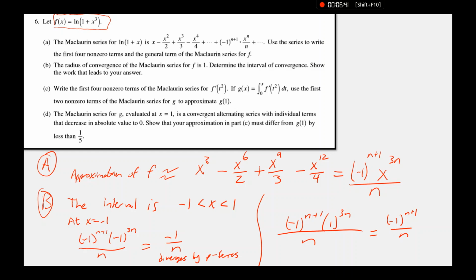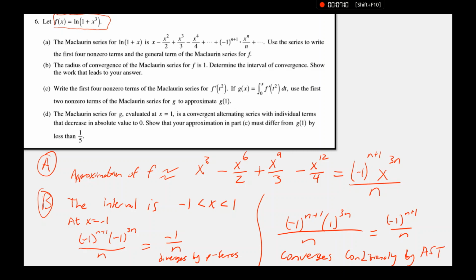So it converges. Okay, this one will converge because the series is alternating and we're still decreasing and it passes the nth term test. So it converges conditionally. By which series test? By the alternating series test.